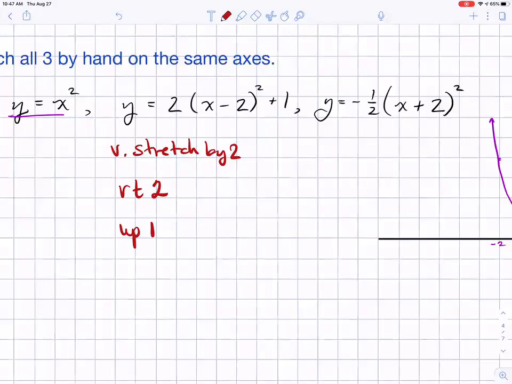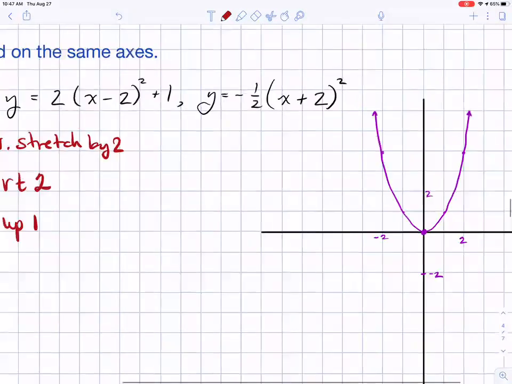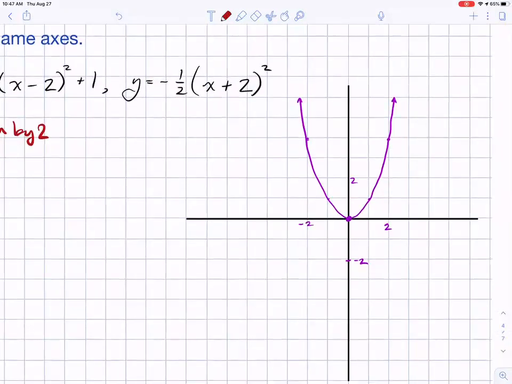All right, so let's go put our new graph on. Forget about the vertical stretch for a minute. Just pay attention to the right 2, up 1 stuff. Go over here to your origin. Let's take the origin and move it to the right 2 and up 1.